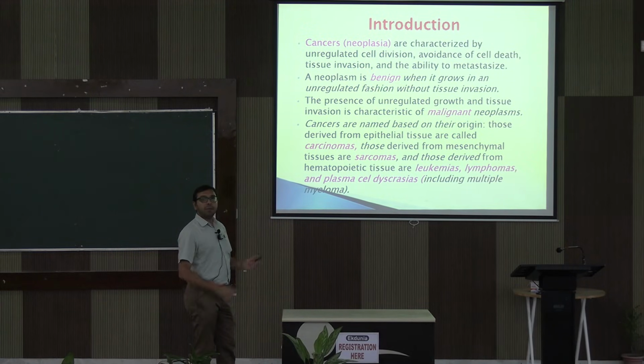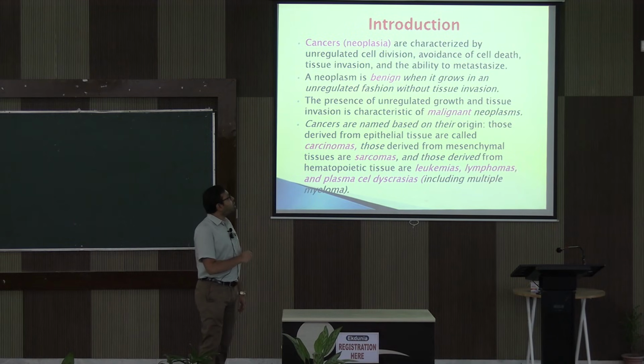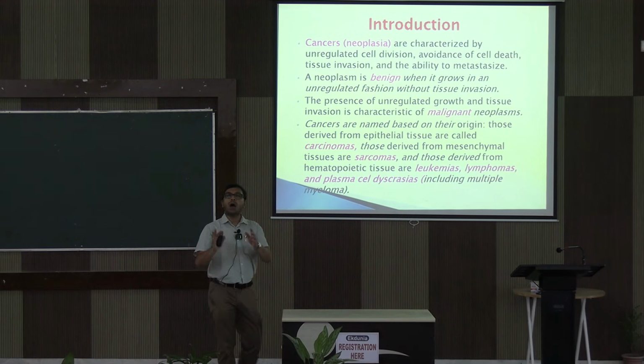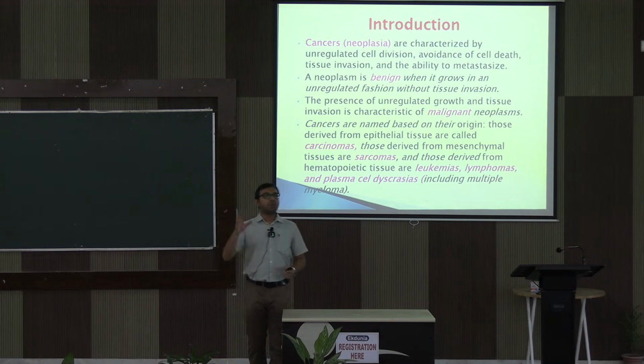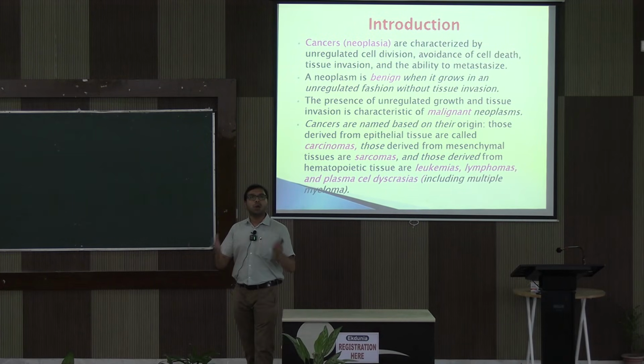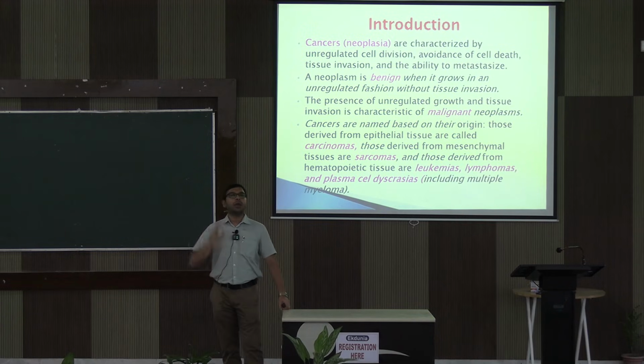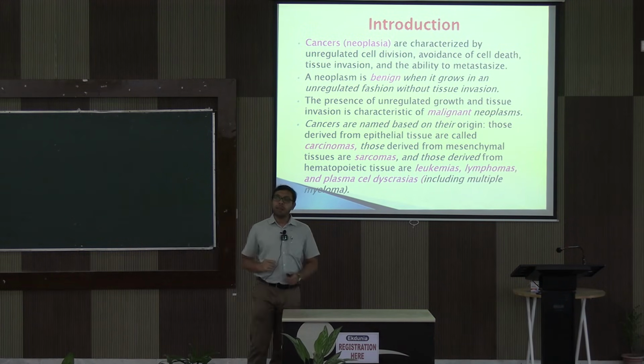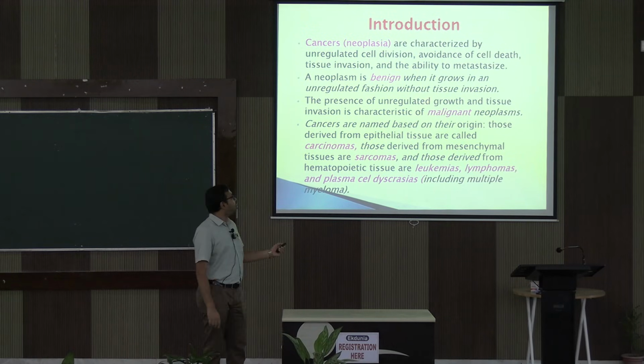So a neoplasm is benign when it grows in an unregulated fashion but without tissue invasion. So the proliferation or multiplication of the cells is unregulated, uninhibited, but tissue invasion does not take place. So this is a benign tumor. But when tissue invasion happens, it becomes malignant.